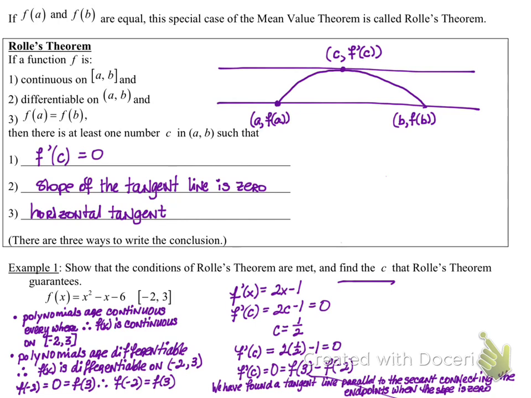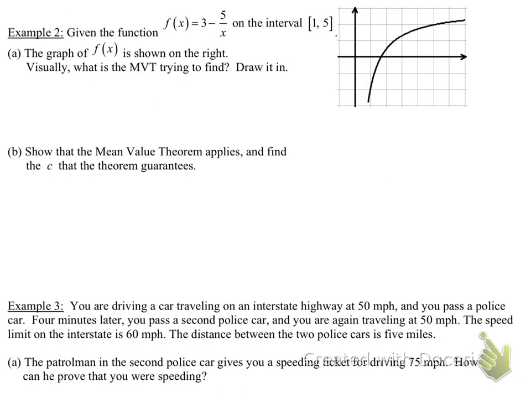That is all you need to do. But I put that final statement in there so that you understand what just happened. We have found a tangent line parallel to the secant line connecting the endpoints when the slope of the secant line, I didn't have enough room to write that, is 0.